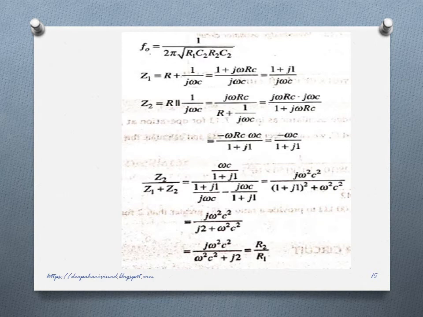That is minus omega C divided by 1 plus j.